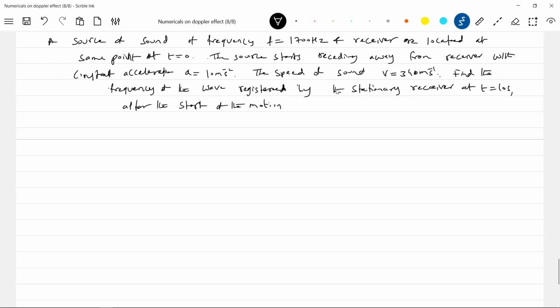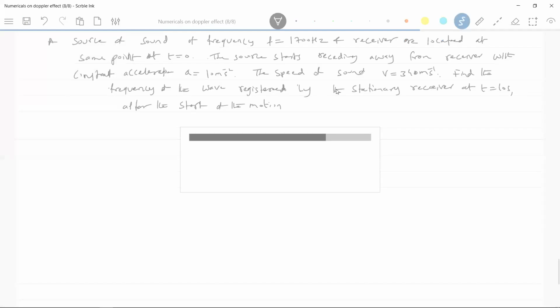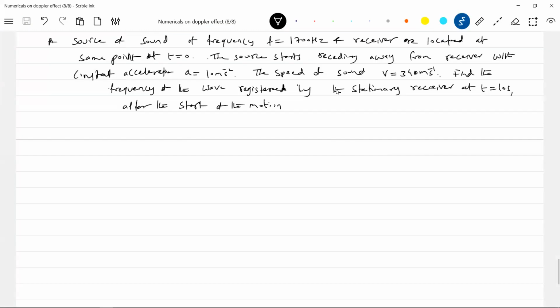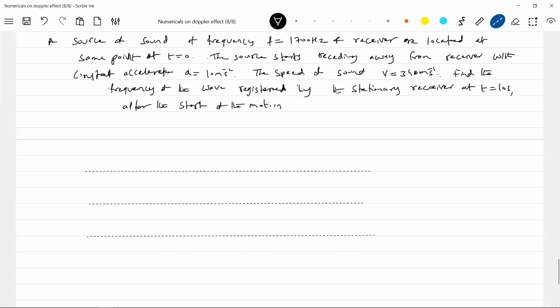Okay, now some conditions he has brought in. What is the meaning of this? You have to just understand the conditions clearly. It's kinematics based, nothing to do with waves and sound; you know enough of the concept.